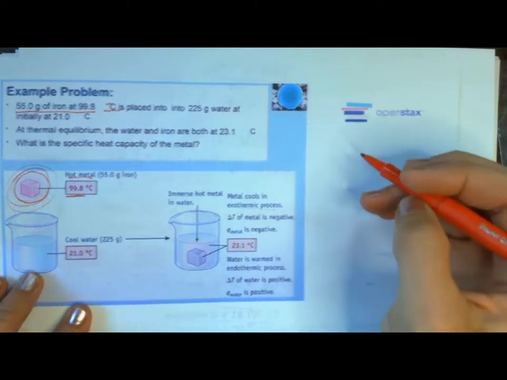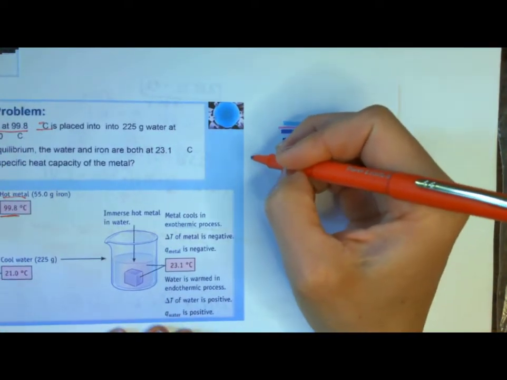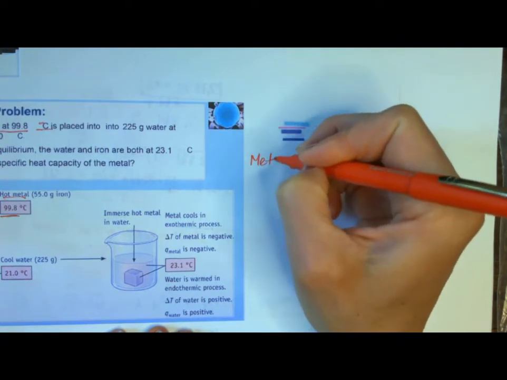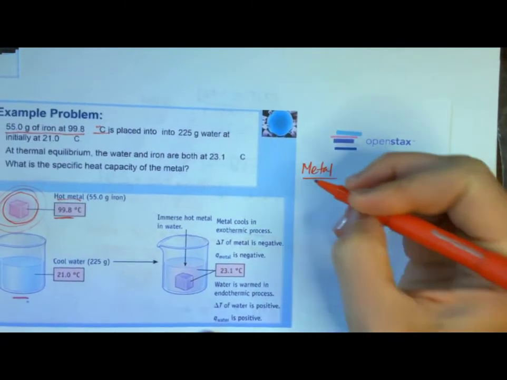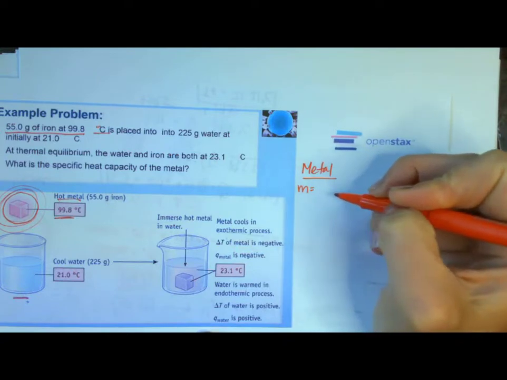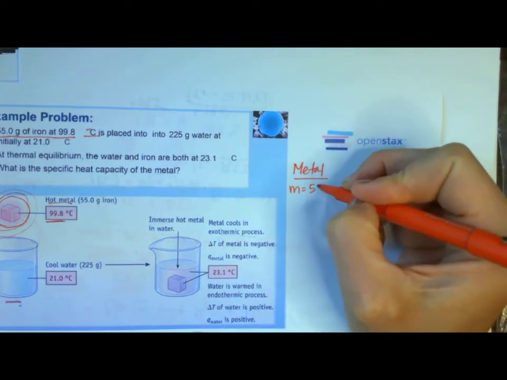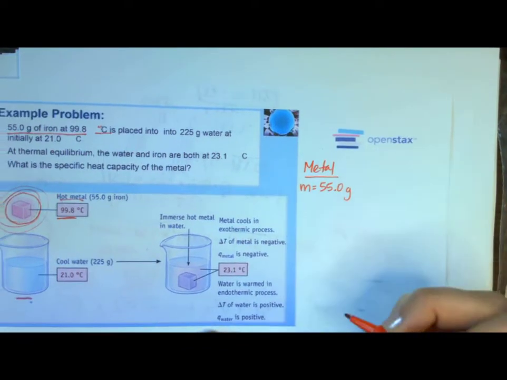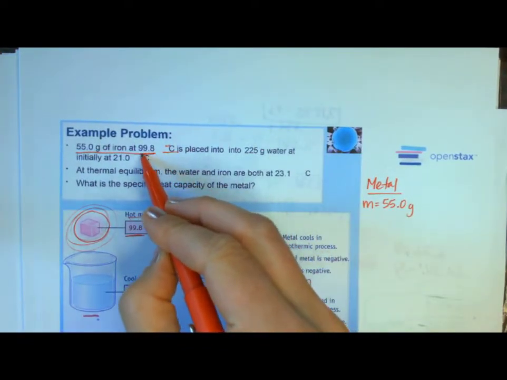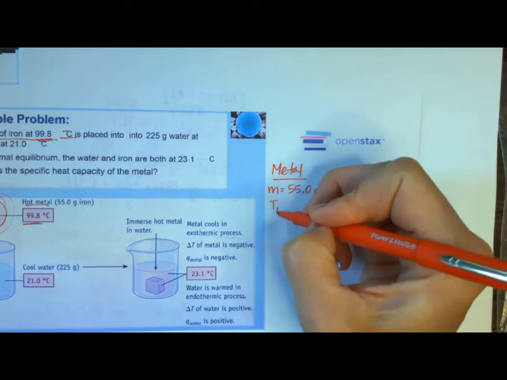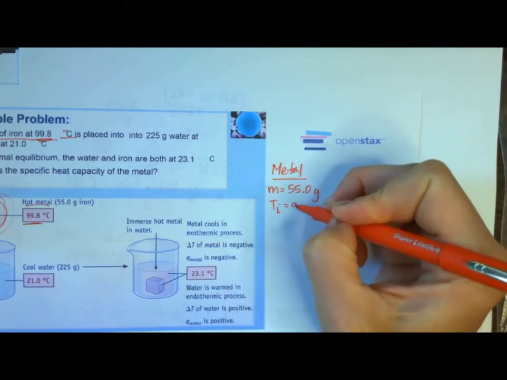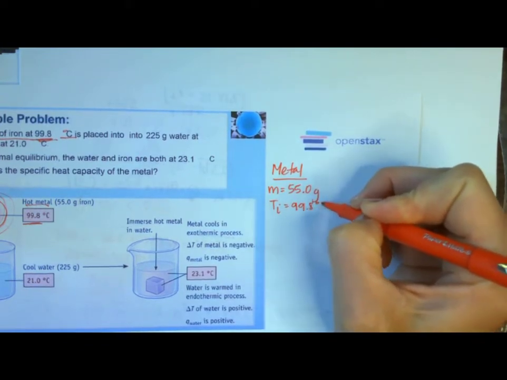So I'm going to make a little list over here. We're going to have our metal, and we are told its mass, which is 55.0 grams. We are told its initial temperature, 99.8 degrees Celsius.